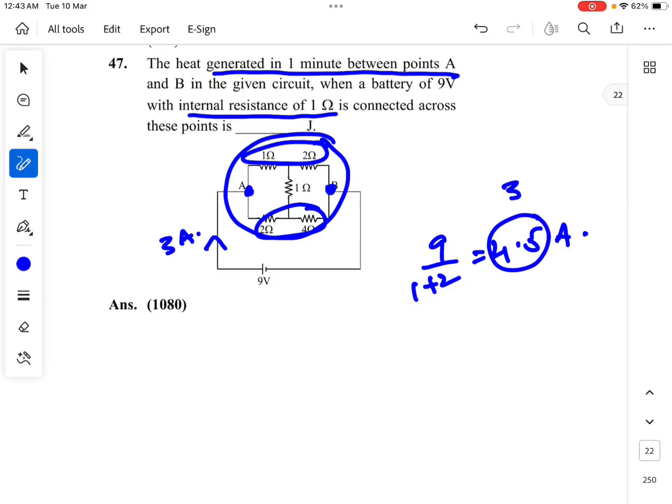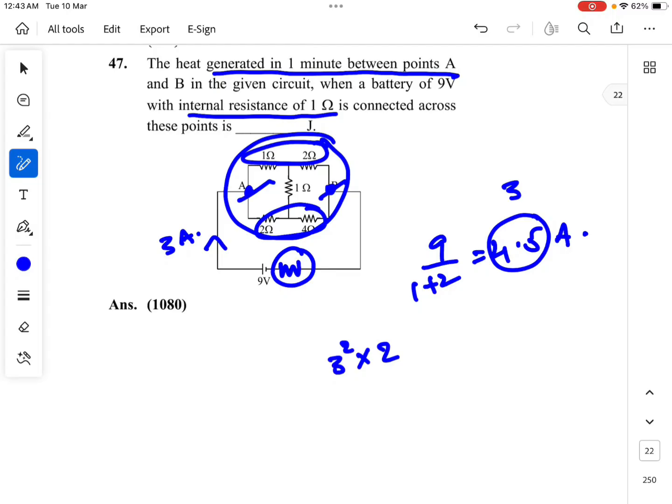Now you are supposed to find the heat generated. So I square R, 3 square into R. How much is R? You are supposed to take 2, not 3 again, because he is asking between A and B, not the total internal resistance. The heat generated in the internal resistance, we are not bothered about it. We are only bothered about the heat generated in the circuit between A and B itself, that is 2.